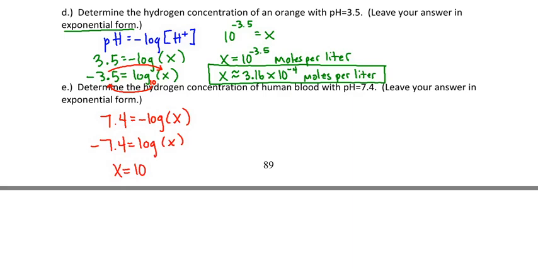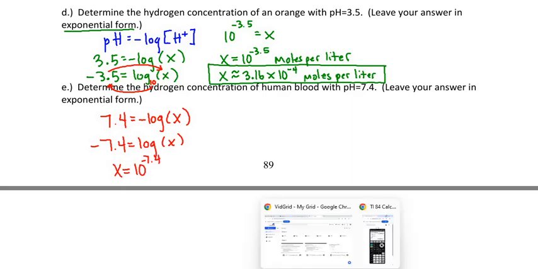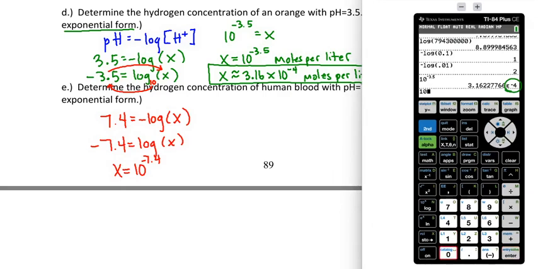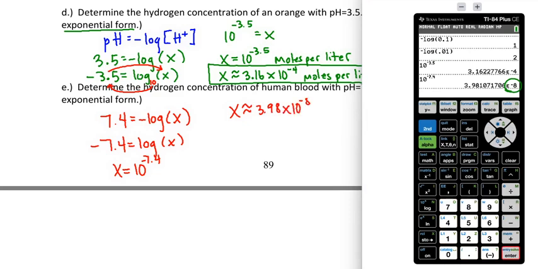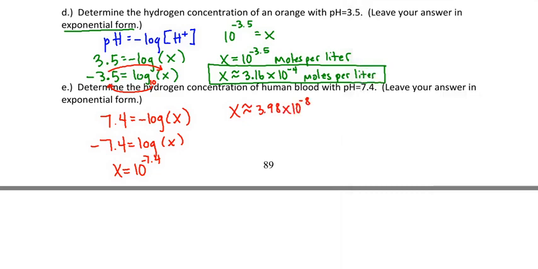We'd end up with X equals 10 to the negative 7.4. On our calculator, 10 to the negative 7.4 in scientific notation would be 3.98 times 10 to the negative 8. So X would be 3.98 times 10 to the negative 8, and that again is moles per liter.